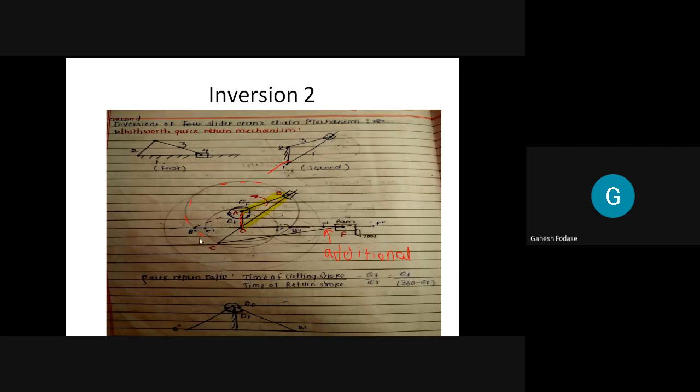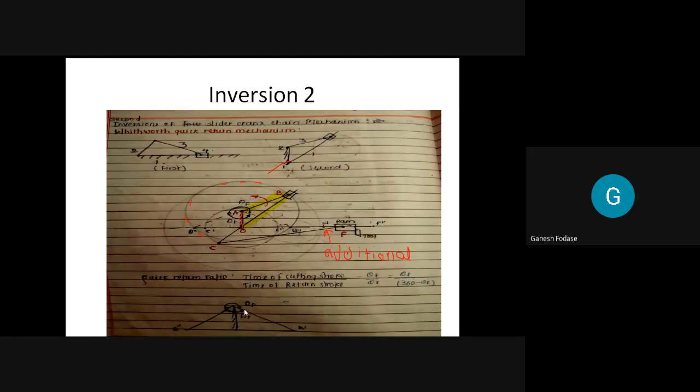So during this stroke the tool is also moving back. It returns back. If you find this angle, let's say theta F, and these are the extreme positions shown, the tool is moving from B dash to B double dash, forward stroke. Forward means the tool is moving forward. When it again moves from B double dash to B dash, it moves back.